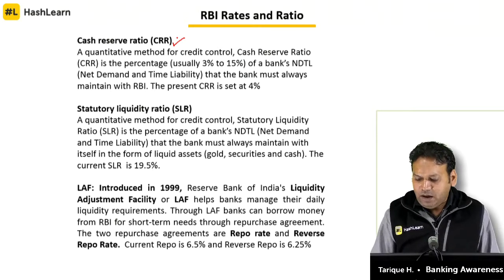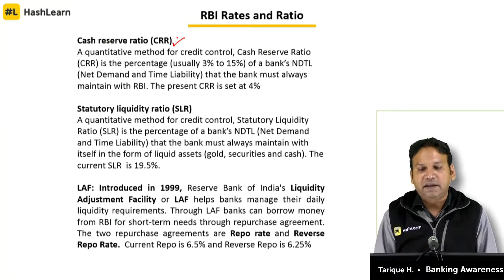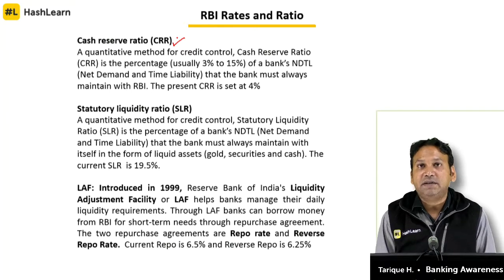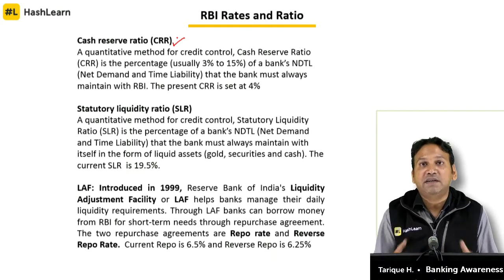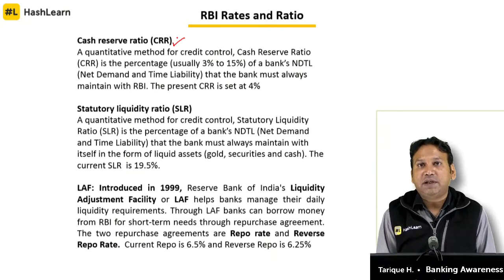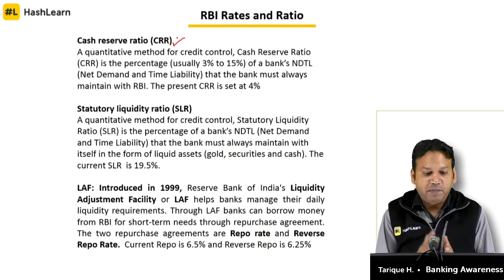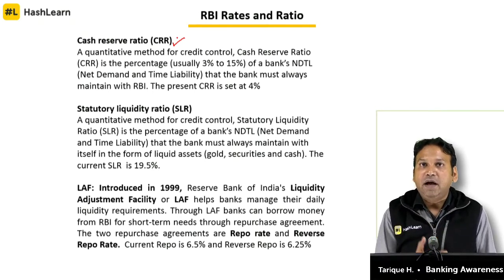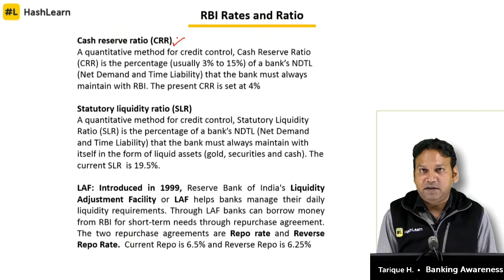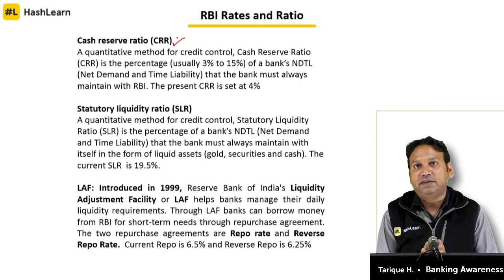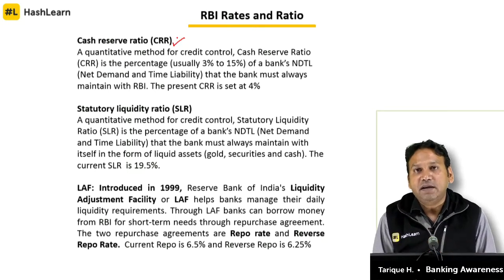To make sure that banks don't use up all the cash that they have, and that there is some cash left with the banks to meet situations of urgency, the Reserve Bank of India makes it mandatory for banks to keep some percentage of their liquidity with the Reserve Bank of India. This is called CRR. This is the amount that banks cannot touch, they have to maintain it with the Reserve Bank of India.